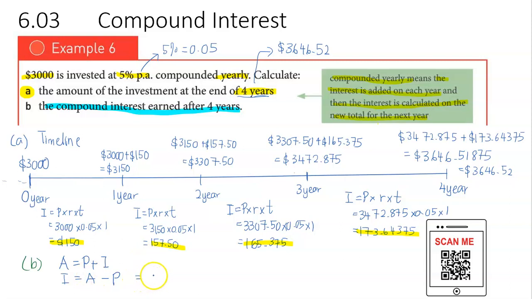So which is the same as, right now, your amount at the end of 4 years will be 3646.52 minus the principal, the initial money that you invest, which is 3,000, and you will get 646.52.